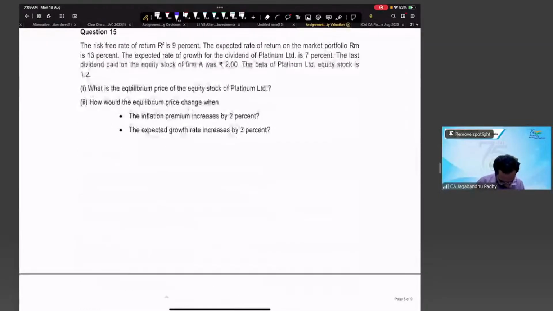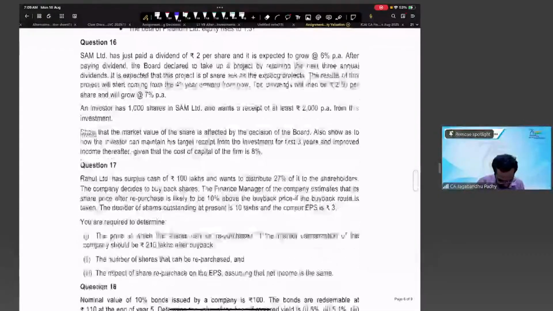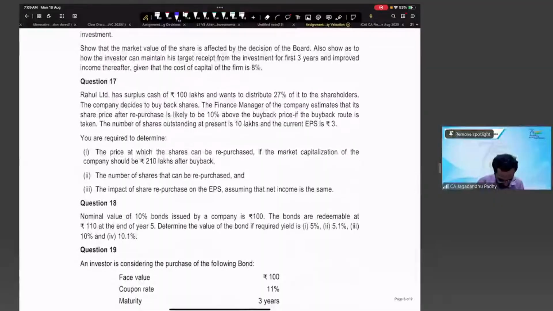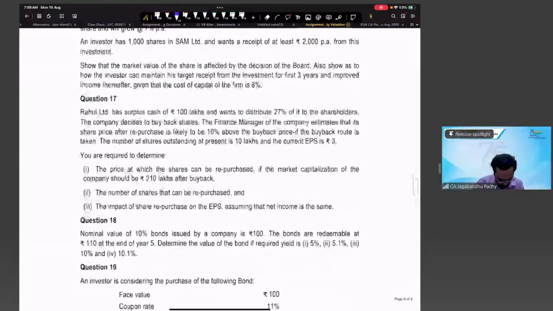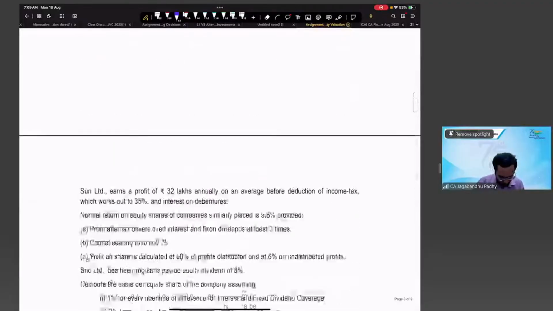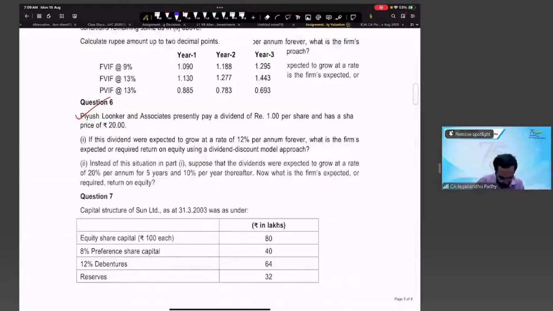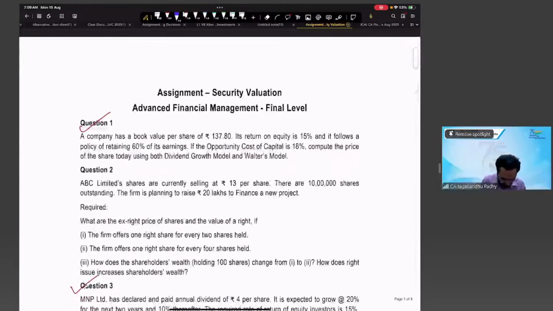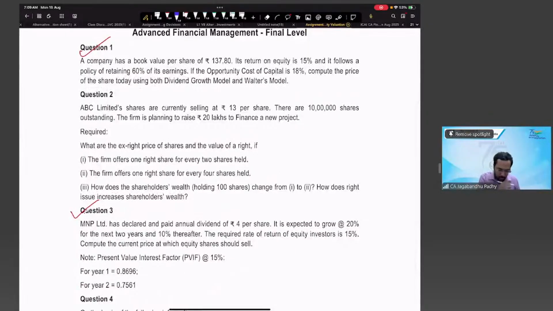I'm searching for a question. Anyways, let's just do one question that we are left out with here. Let's go ahead with question number 2 right now.